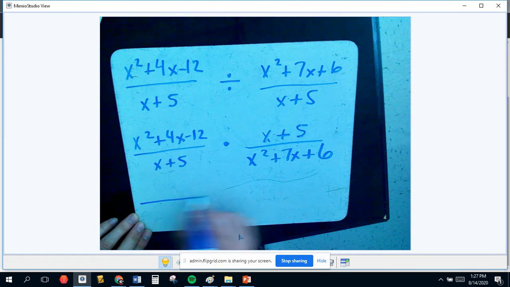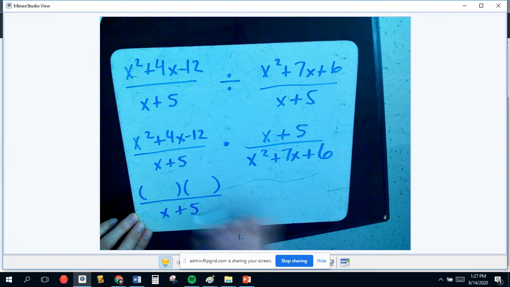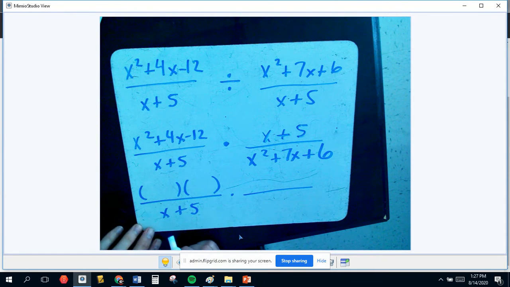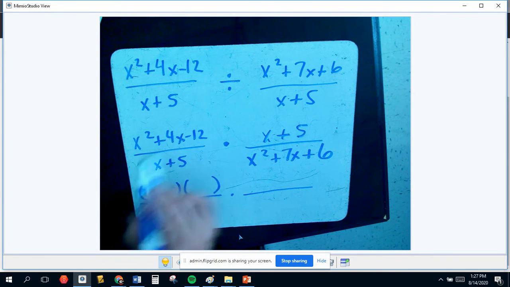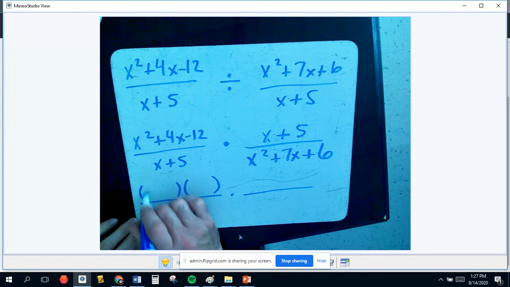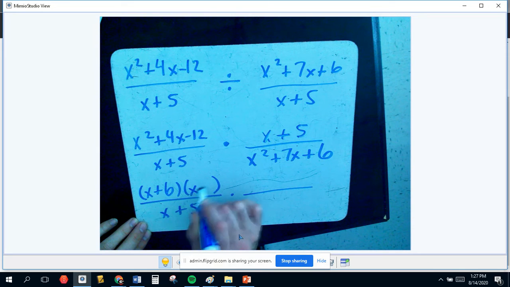So again, I'm going to factor. It's probably a good idea to wait until you've flipped it to factor. The bottom left won't factor, the top will. Factors of negative 12 that add to 4. Of course, you can pause the video if you want to and think about it.